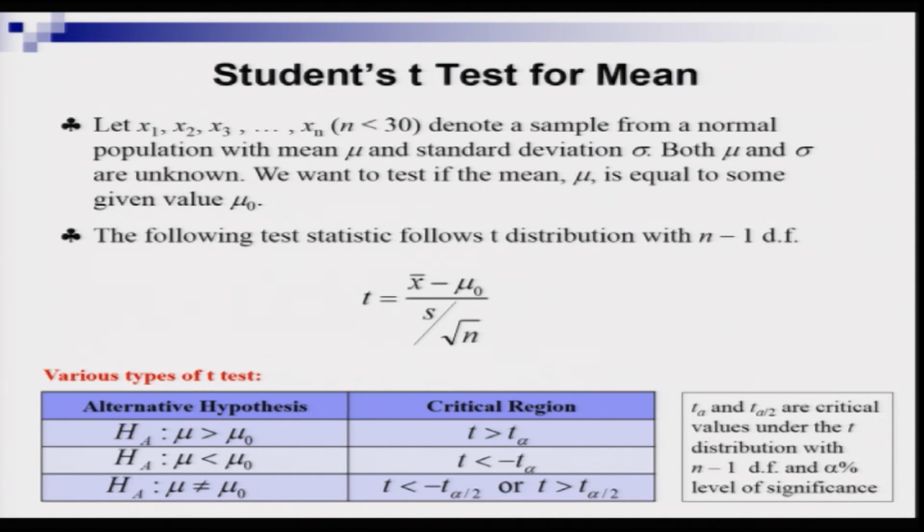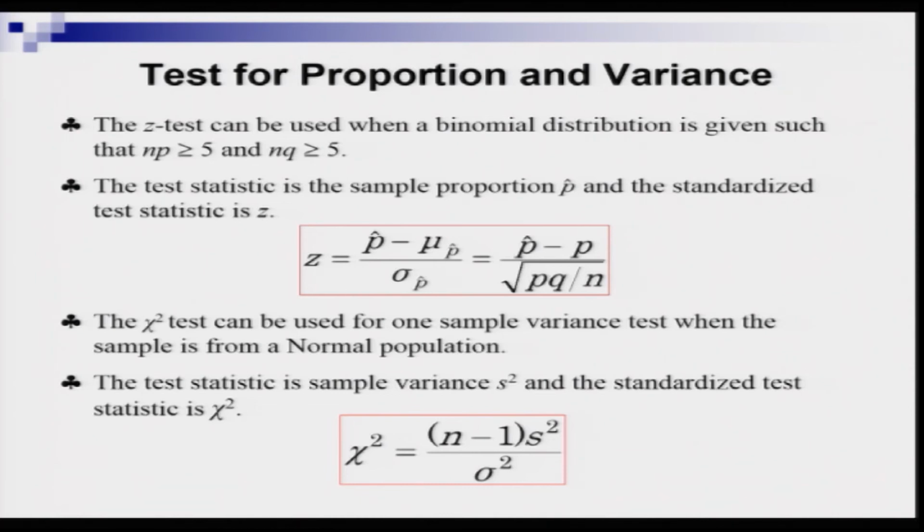Now, quickly let us go through the testing procedure for population proportion and population variance, because sometimes these two could also be of interest to the researcher. The testing procedure is very similar, so I am not going to bother you by showing the same old steps and approaches.